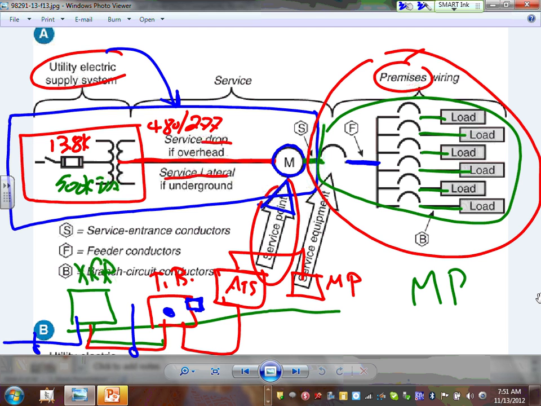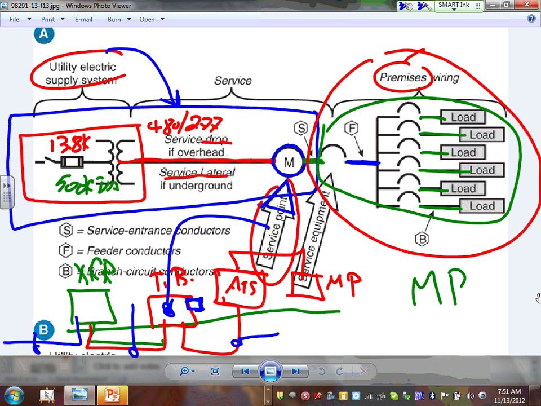Then this is the termination box. This will be my service point right in here. Here's my meter, CTs, and then anybody can tell me what this is? This is my service entrance conductors to the meter.